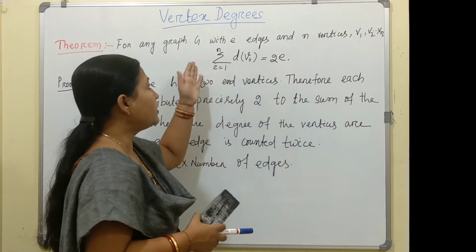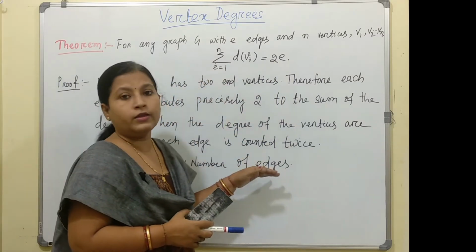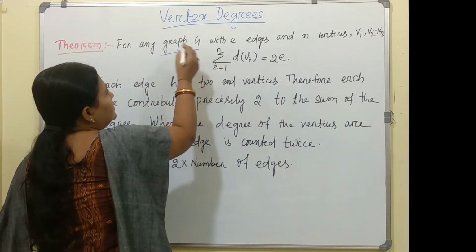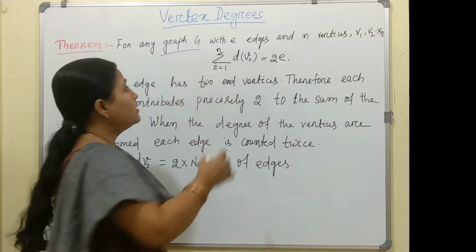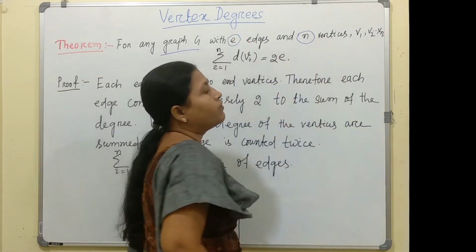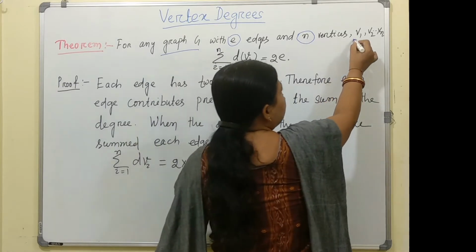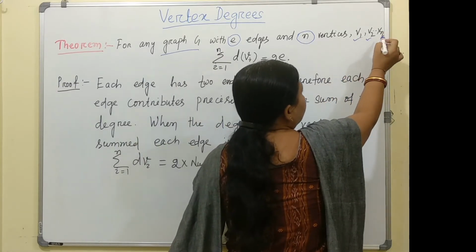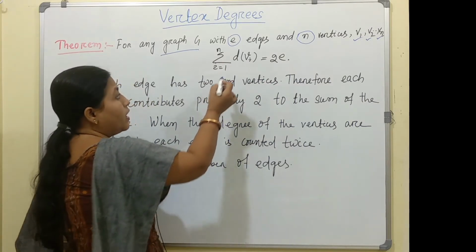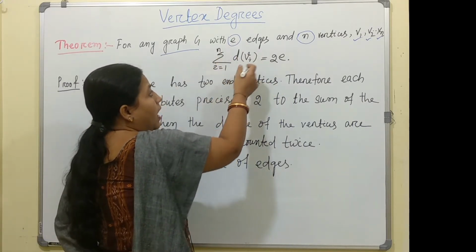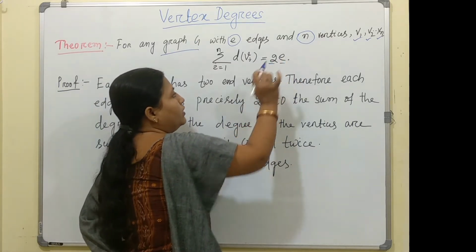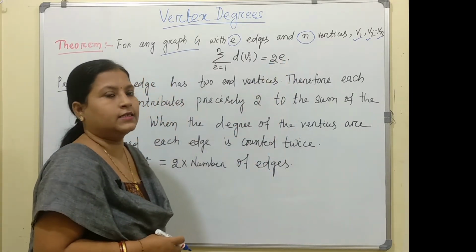So here we can prove it theoretically. Taking the graph G, there are E edges and N vertices, V1, V2 up to Vn. When we add the degrees of vertices, we get 2 into number of edges.